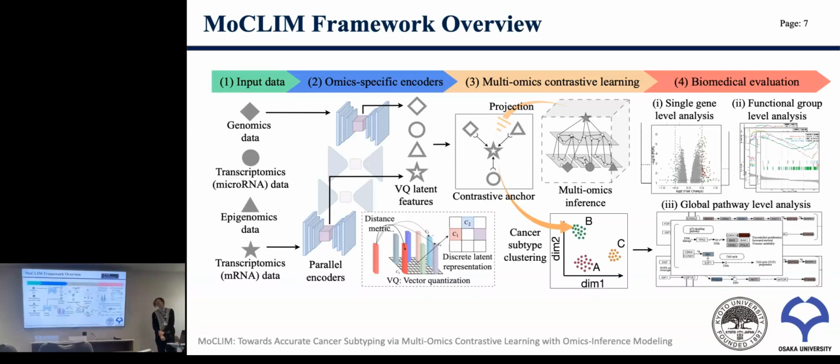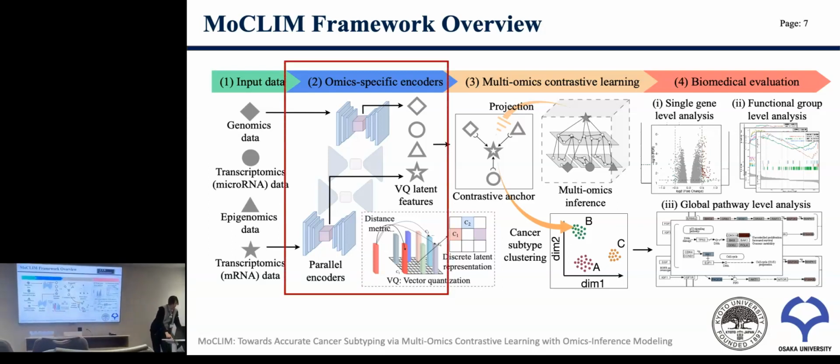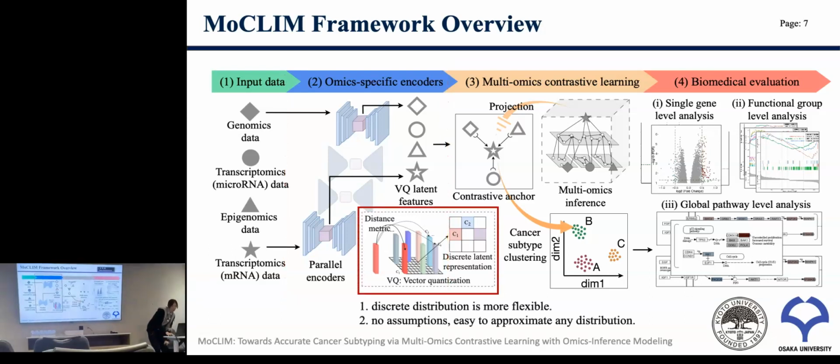Here is the overview of our framework. At the beginning, we have the input data. As you can see, there are 4 different omics layers, which fit into the omics-specific encoders. They are parallel encoders. In this part, we use vector quantized variational autoencoders to learn the features independently from this input.